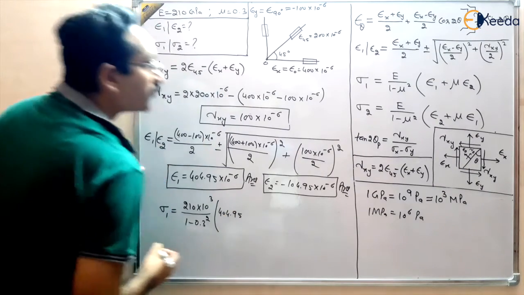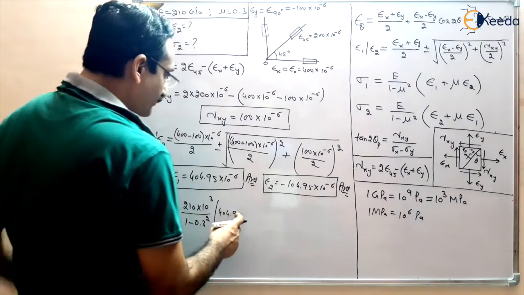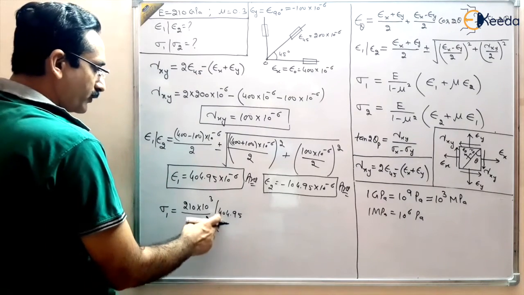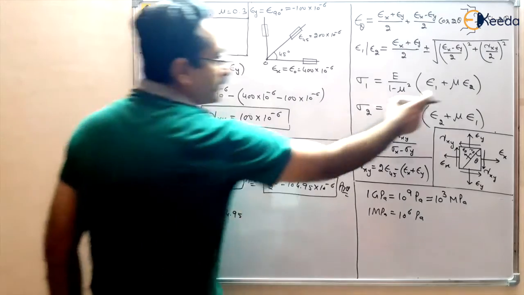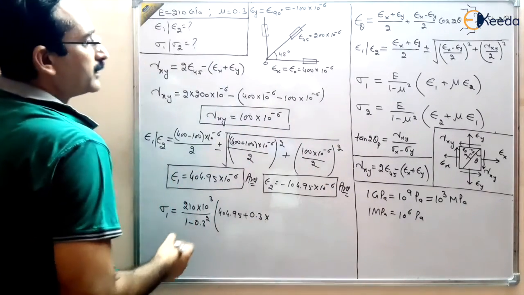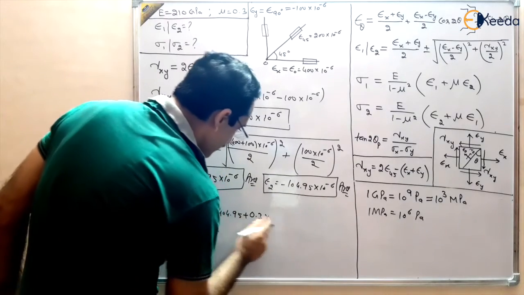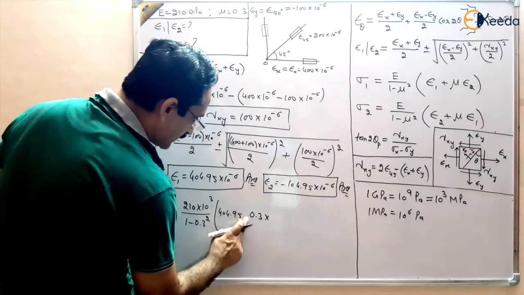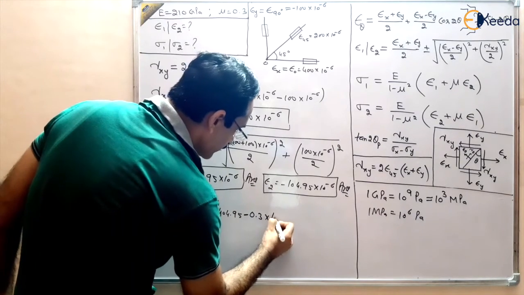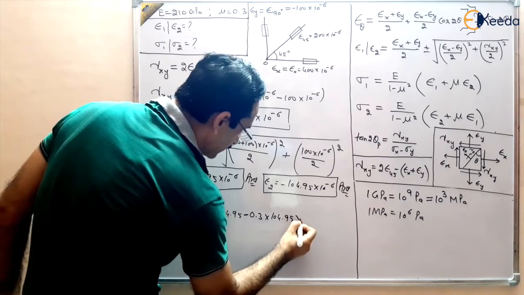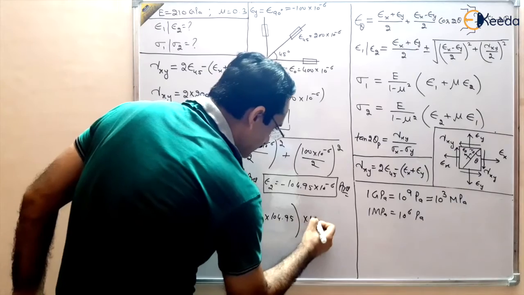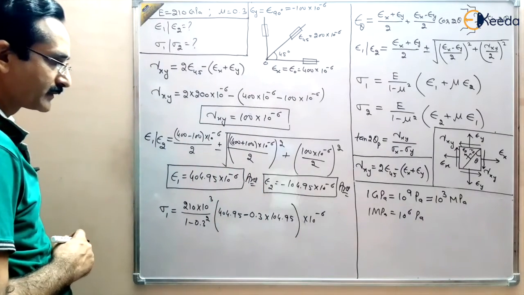Epsilon 1 we have obtained now, 404.95. 10 to the power minus 6 we will multiply later on. So 404.95 plus mu multiply epsilon 2. Here it is minus, so we can take minus here, 104.95, multiply to both of this 10 to the power minus 6, right?